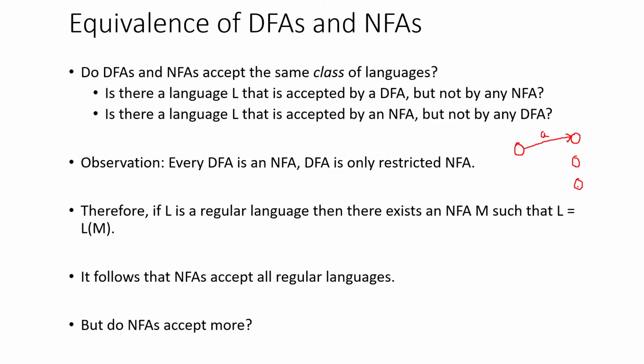Among these three options, jumping from this state to this state is also an option. So if I forget about the other two states for the time being, and consider that I have only this state and this state, with a transition towards this one for this A, I can say that this is a DFA as well as an NFA, because jumping from this state to this state is also one of the options.